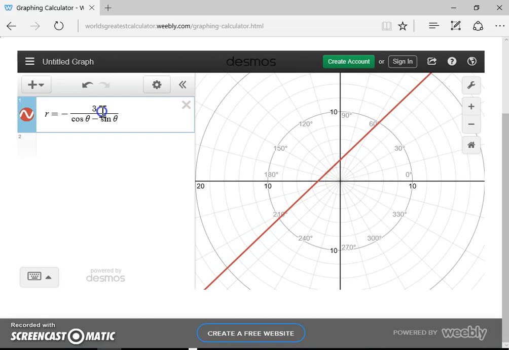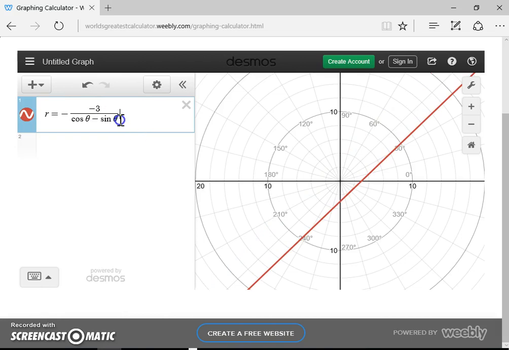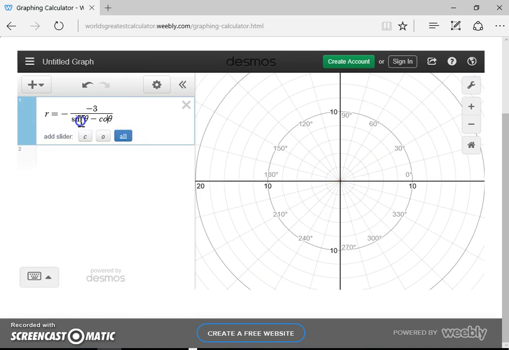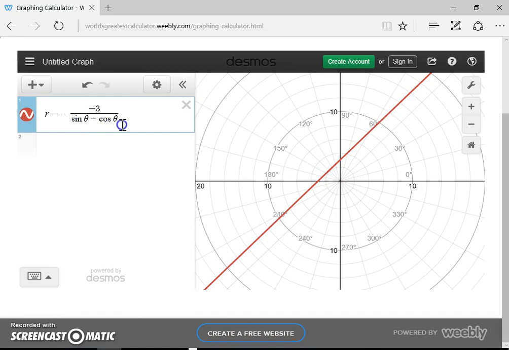Oh, wait a minute. I didn't type that in right, did I? Is it sine theta minus cosine theta? Is that the same thing?